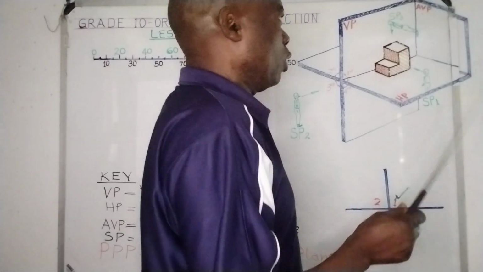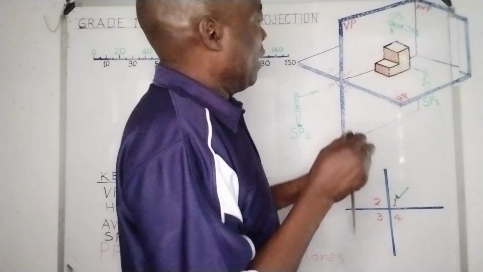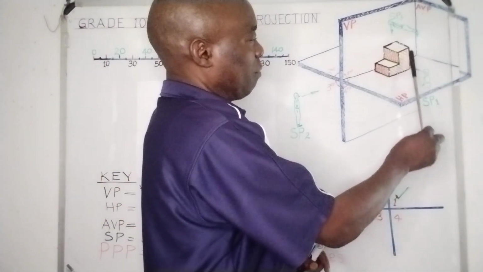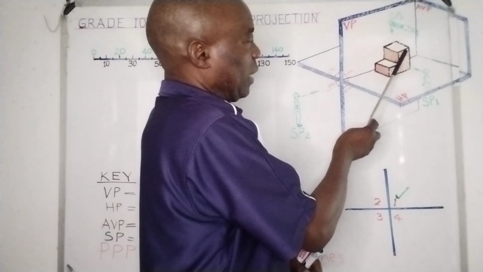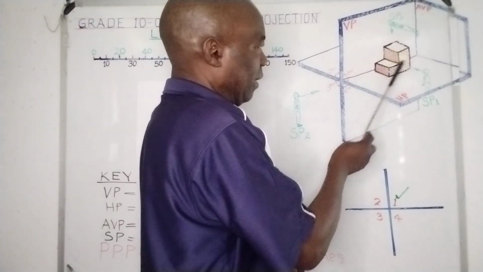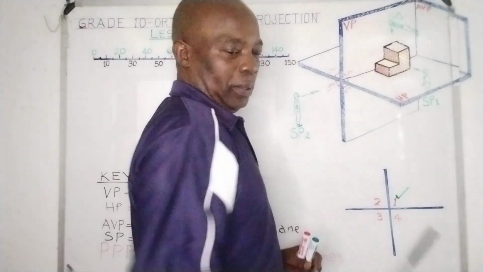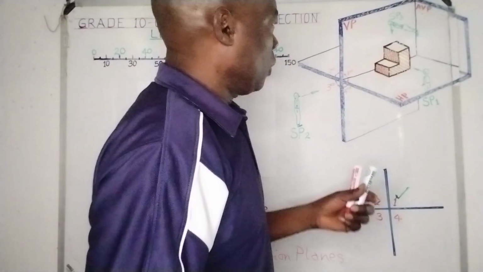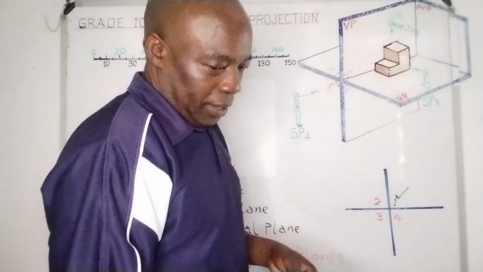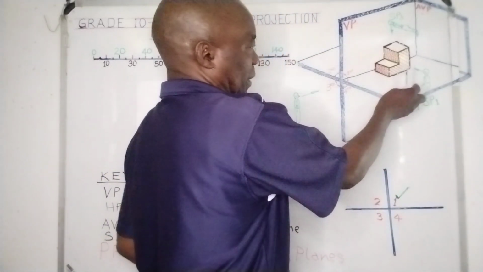So that's what I'm going to illustrate now. It's like you are projecting the shadow of this. So obviously the shadow will be an L because you are looking perpendicular to this plane here, and this is also parallel to the vertical plane and also parallel to the horizontal plane. So it will give us a 90-degree angle of view.